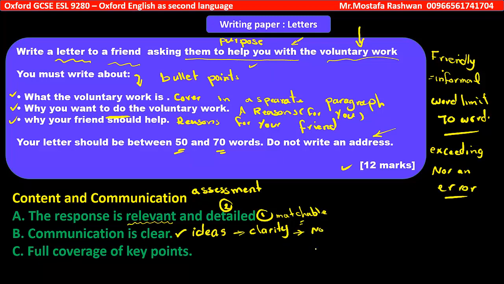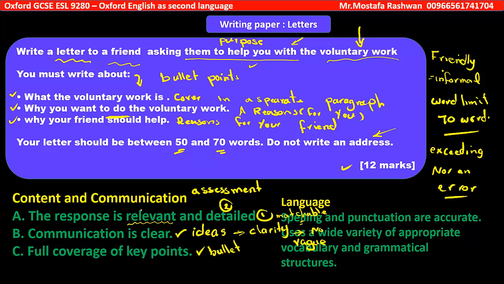So you should provide no vague idea. Okay. C, we agreed that you should provide a full coverage of the key points, which we named as the bullet points.